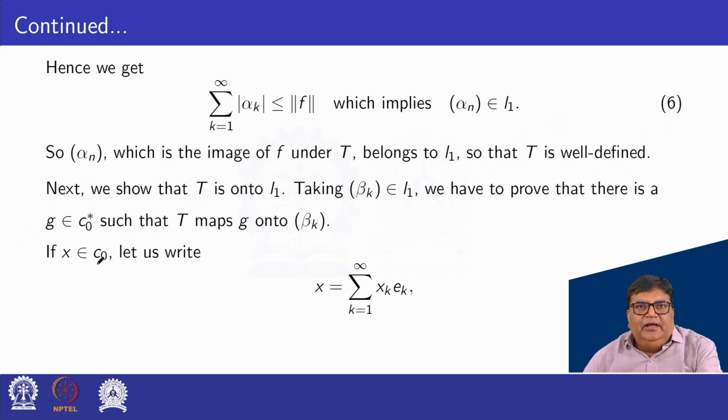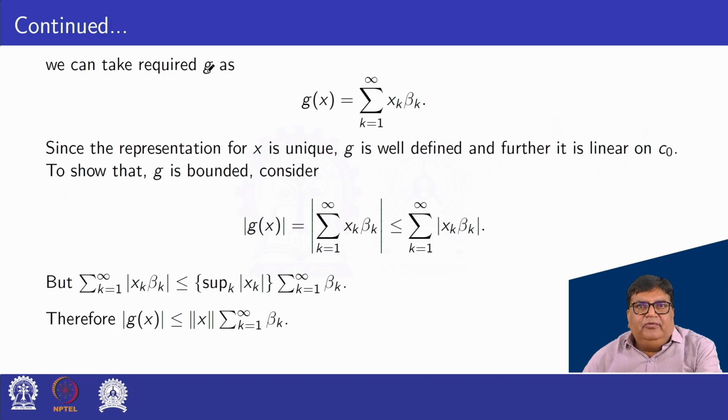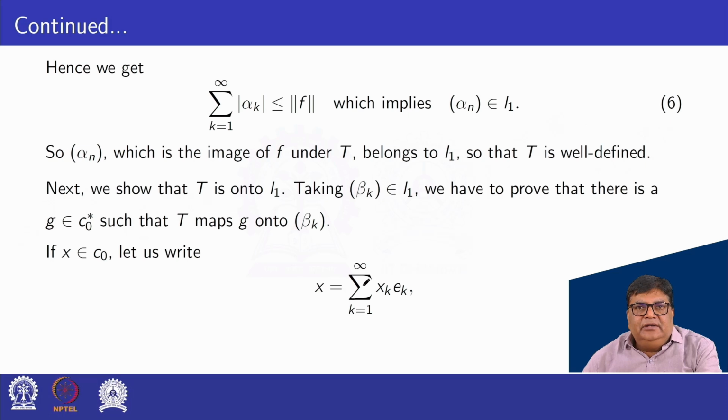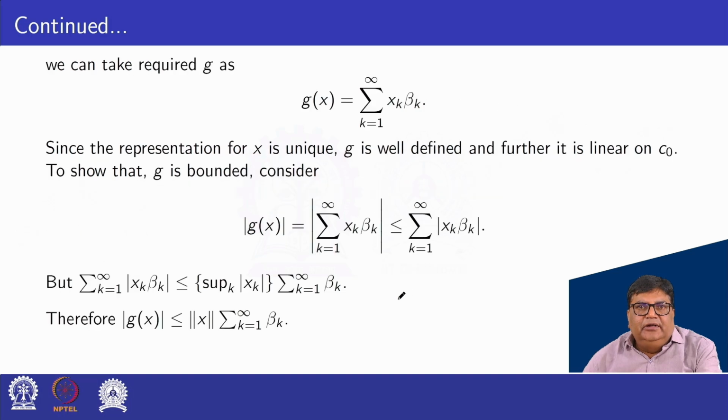If x belongs to c0, let us write x equal to summation k equals 1 to infinity x k e k, as usual. We can take the required g as g of x equal to summation k equals 1 to infinity x k g of e k, where g of e k is beta k.